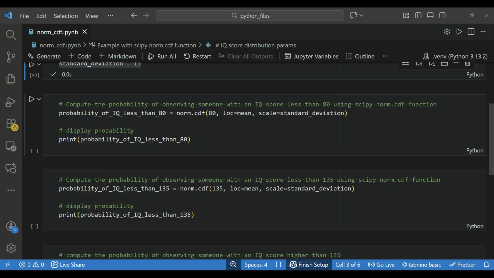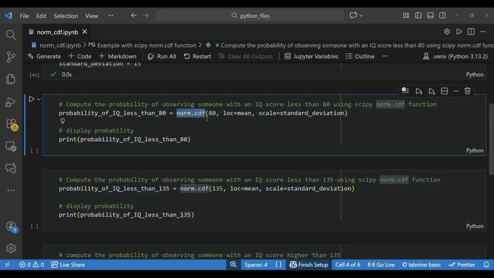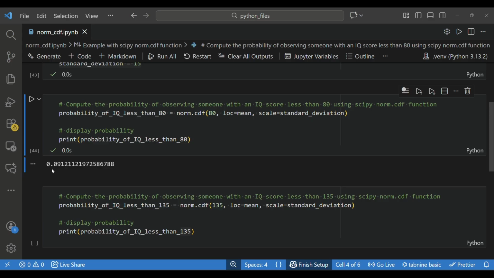To compute the probability of observing someone with an IQ score less than 80, we don't need to find the z-score associated with this IQ score. The norm.cdf function is going to take care of all the work for us. We just pass the IQ score 80, the mean, and the standard deviation to the norm.cdf function, which returns a probability of 0.0912, which is the same we found when we used the Z table, remember.